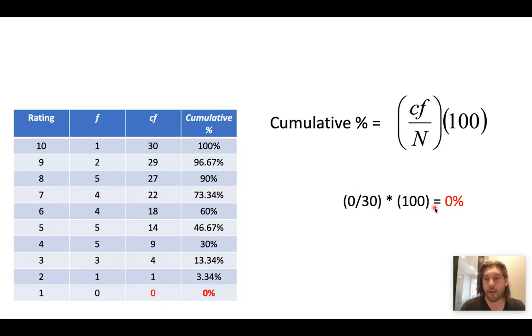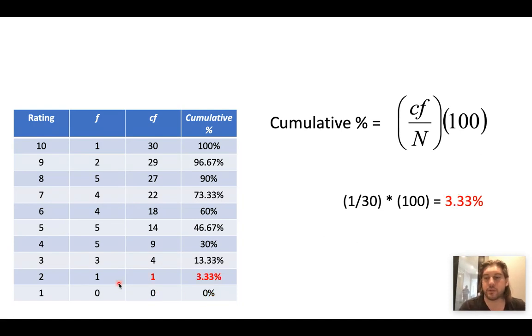And we multiply that by 100 to move the decimal point twice, and we get 0%. So what this number means is that 0% of the data are a score of 1 or below. That makes sense because there is no data at 1 or below. Those scores did not exist in our data set, so they represent 0% of our data set.